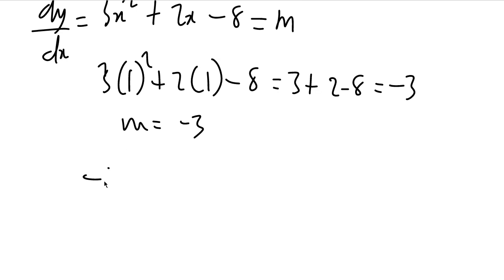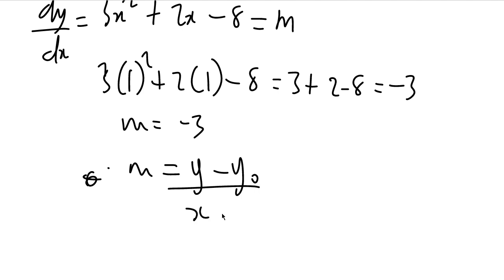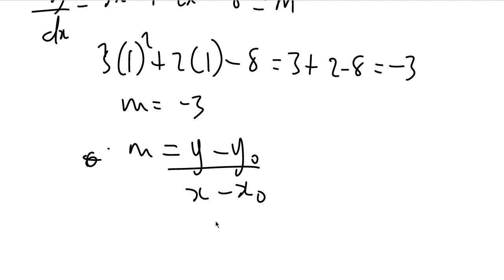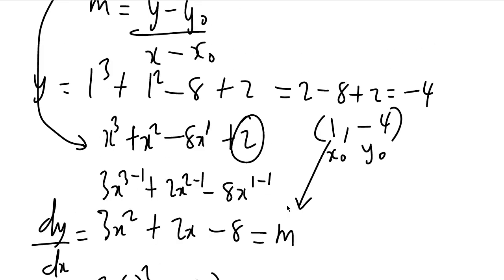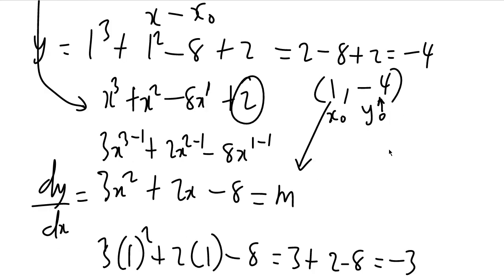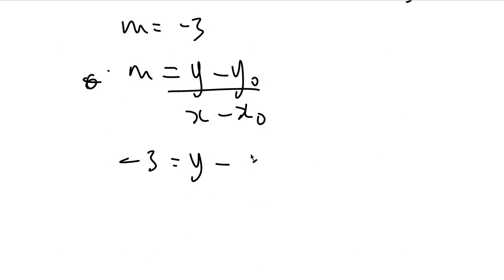Then using the formula, m is equal to y minus yo over x minus xo. Since m is negative 3, we substitute, and that'll be y negative, what is yo? Yo is what? Negative 4. That's the y coordinate, y output. So that'll be y negative negative 4 over x minus, what is the xo?